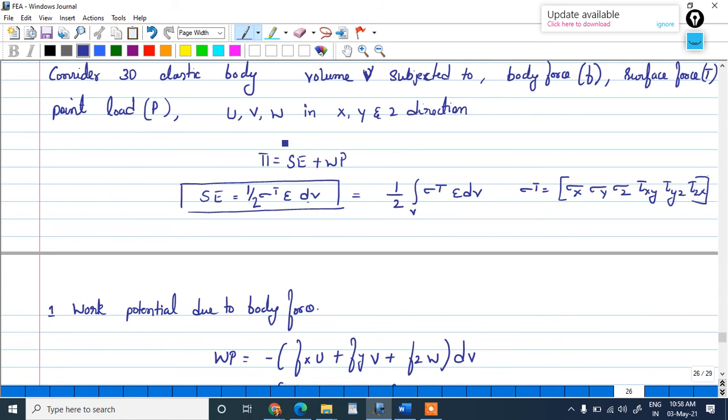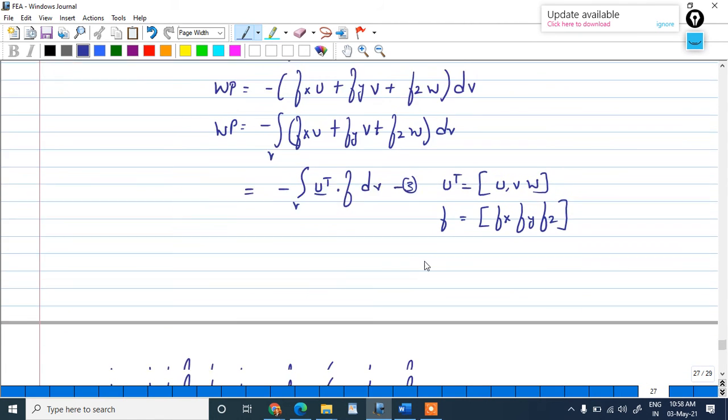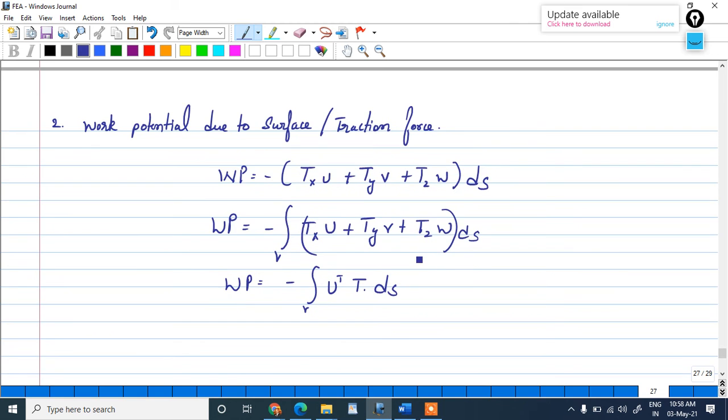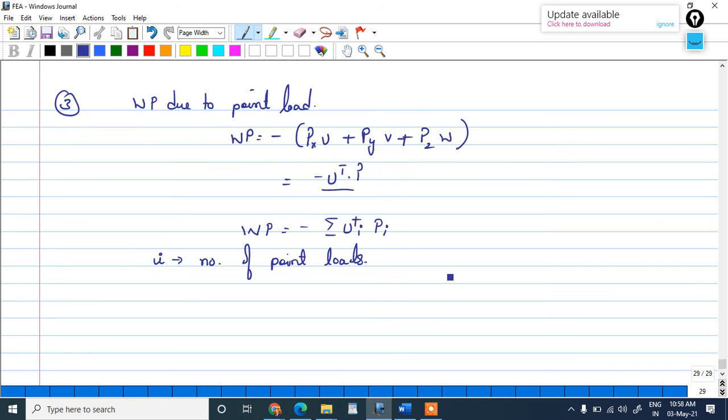Okay, strain energy, we know that strain energy is equal to half into integral over volume of sigma transpose epsilon dV, and work potential we have identified. So if I consider this as 1 and this as 2, followed with this as 3, and 4, and the next one as fifth one.